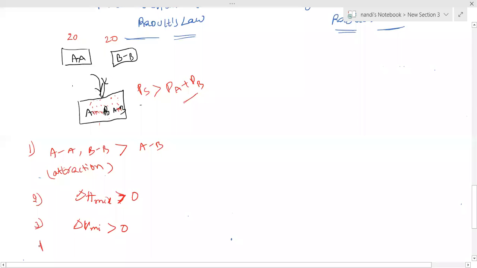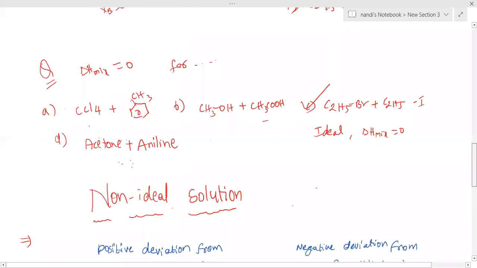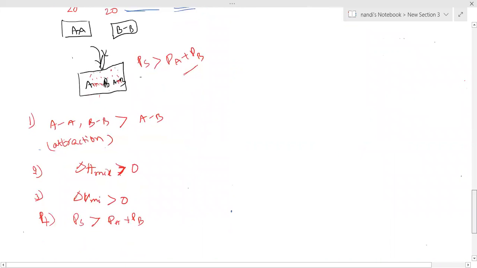Pressure, sir, which is PS also. P solution should be greater than PA plus PB, because with weak attraction they can evaporate easily. Let me know what your doubt is, please. Whatever doubts you have, you can ask, sir.